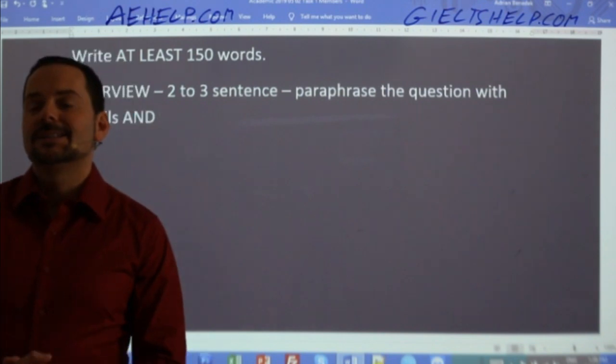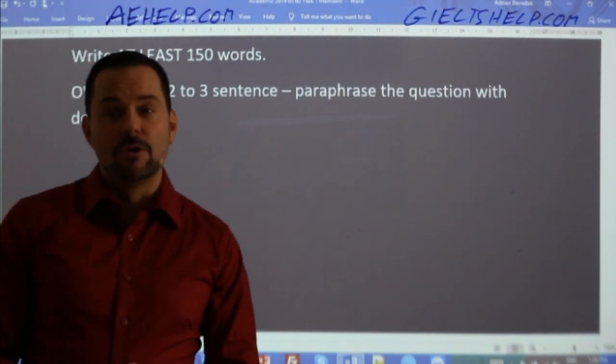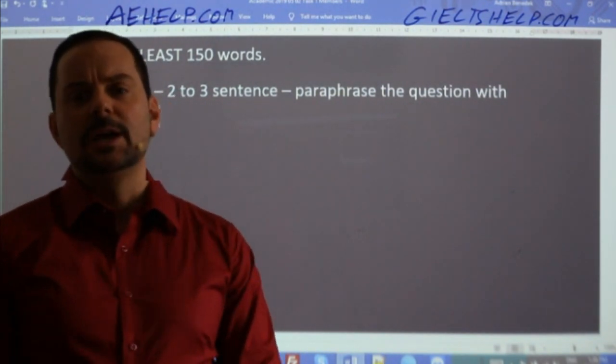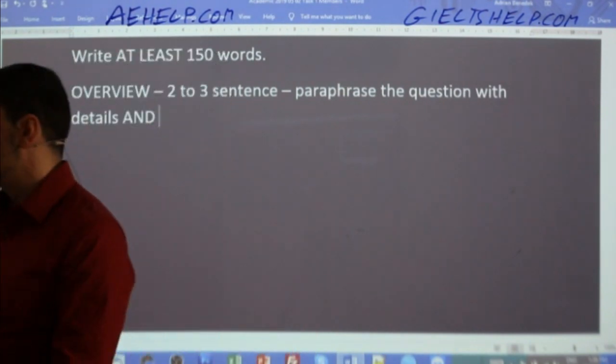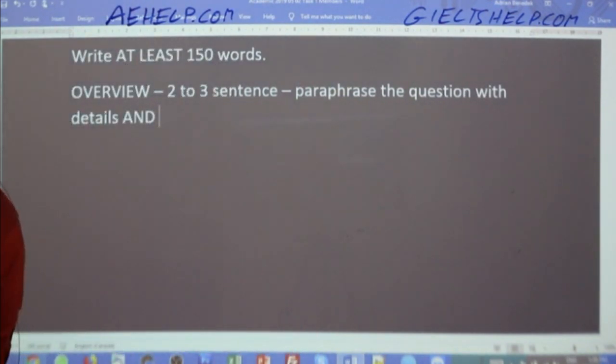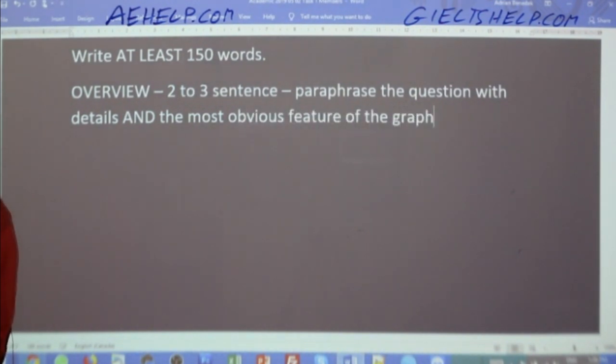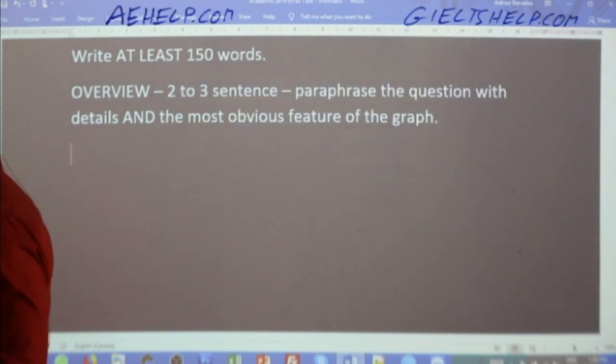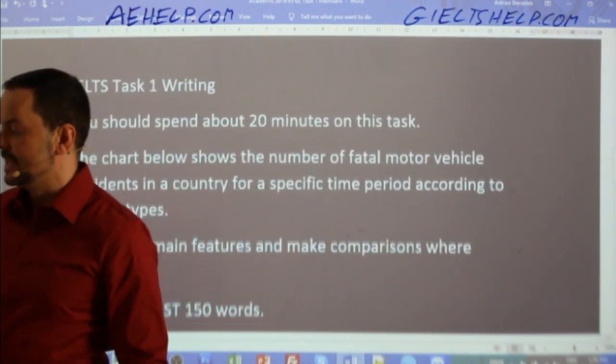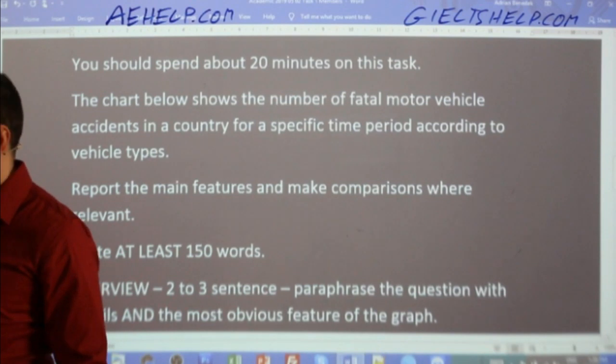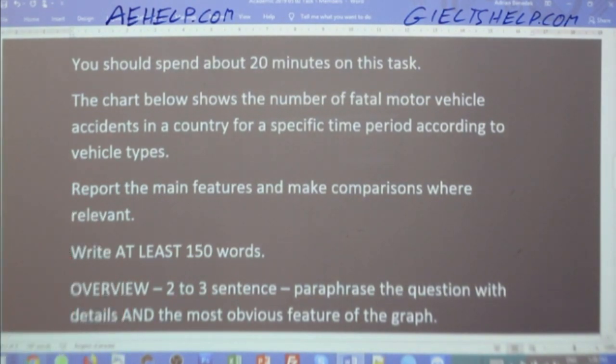Yeah, Begzod says the overall info. Yeah, that's an okay way to say it, Begzod. Another way to say it is the most obvious feature of the graph. Yeah, so those two will make up your overview. Fantastic. Okay. So here, yeah, the most clear data.